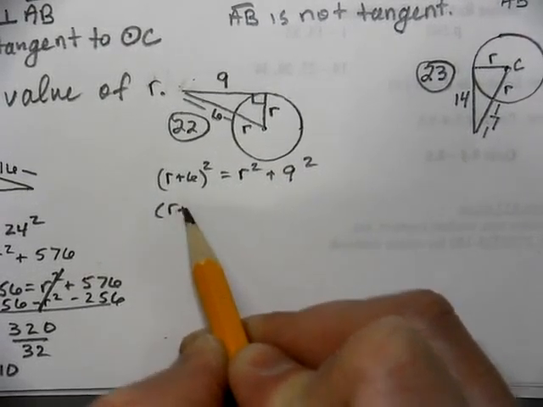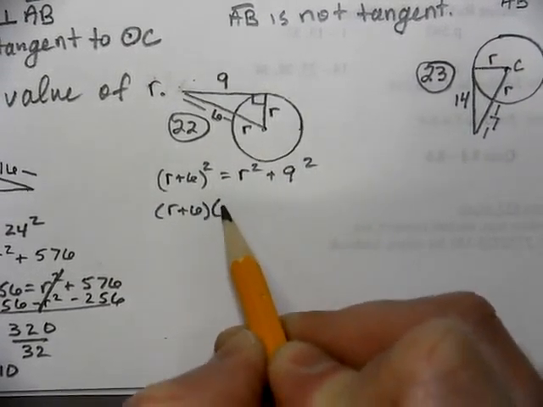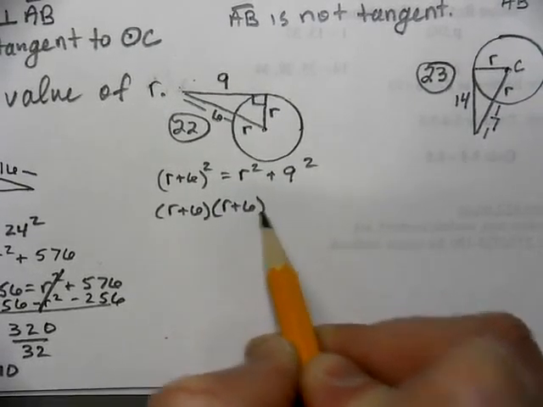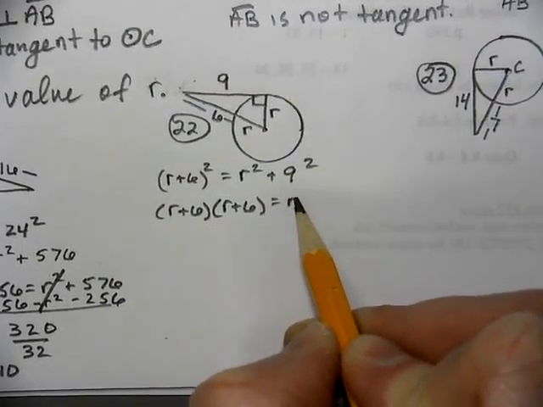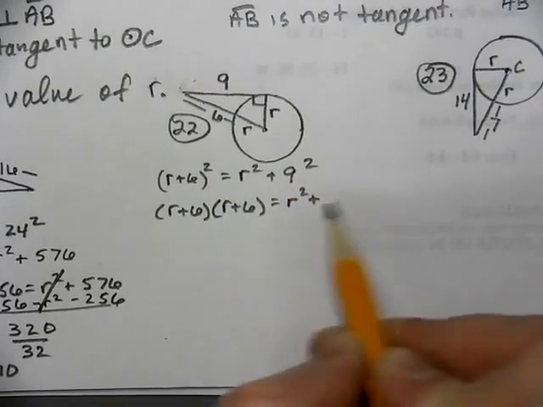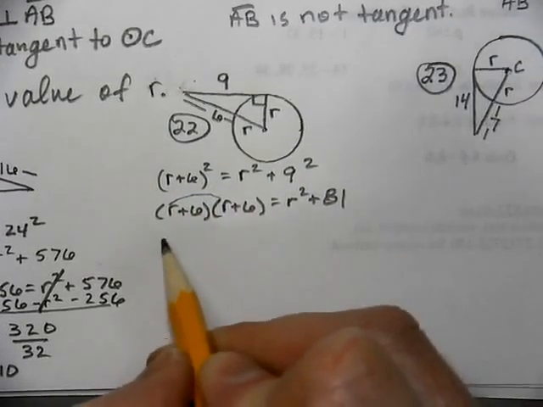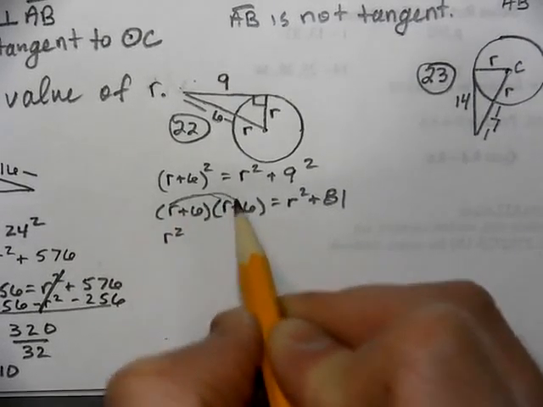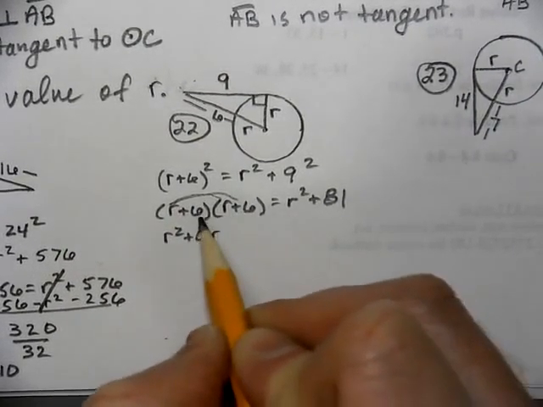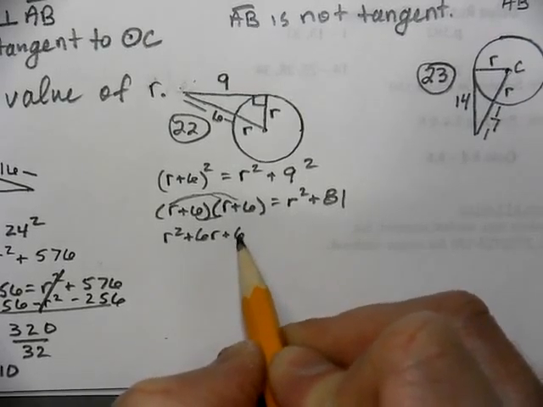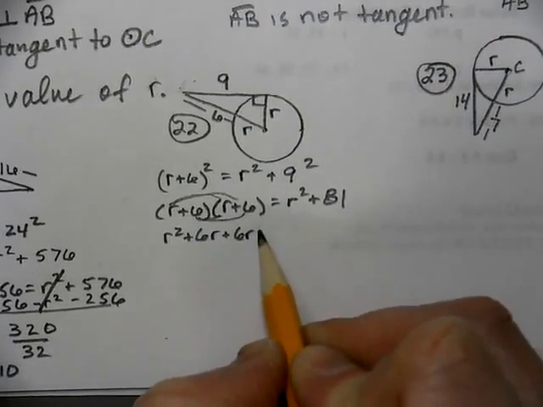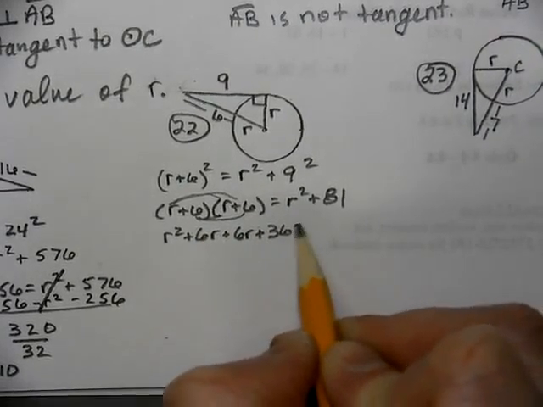Well, when we do r plus 6 squared, that means to write it twice. We still have r squared, and 9 squared is 81. So we're going to FOIL this together to get r squared, 6r, plus 6r again, plus 36.